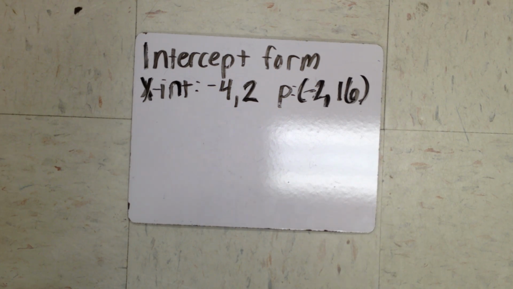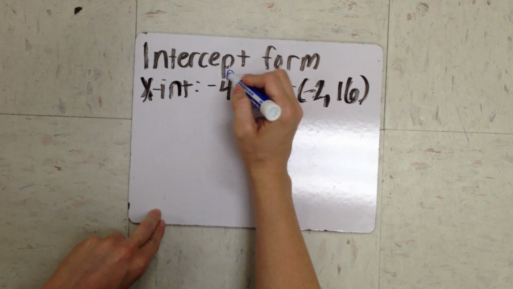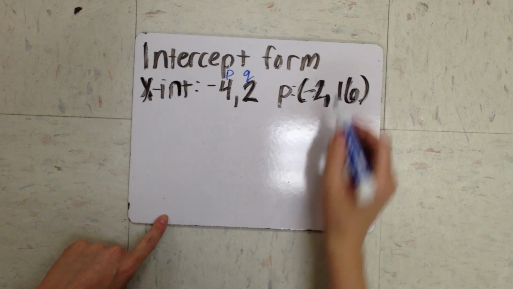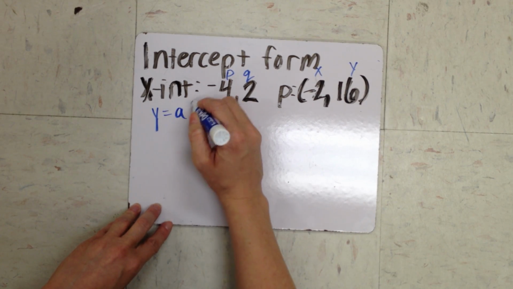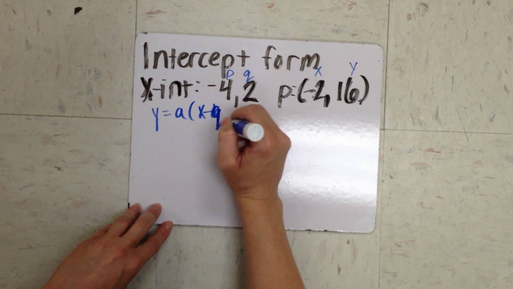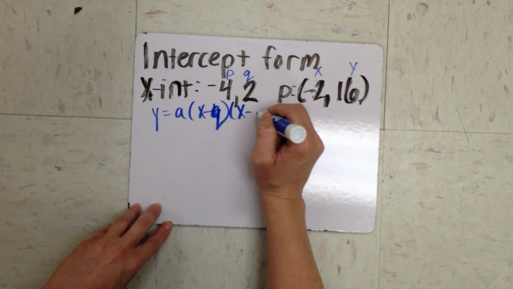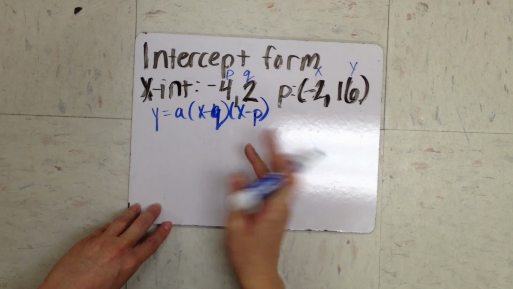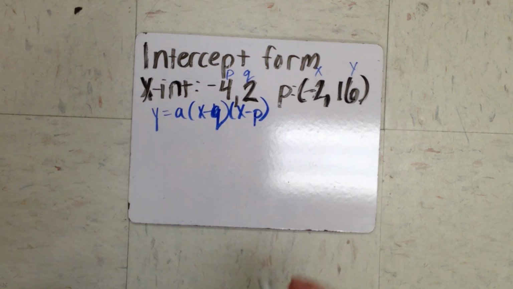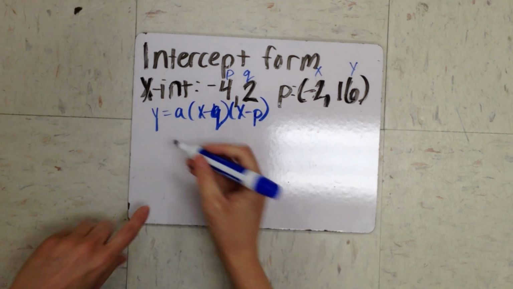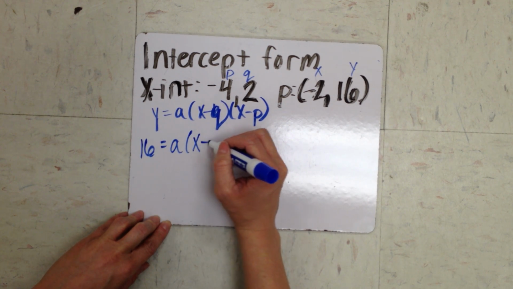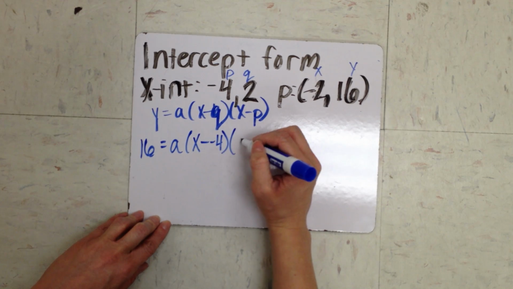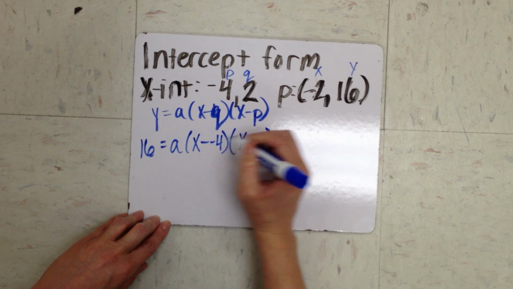All right, welcome back. We have our x-intercepts labeled P and Q, our point x and y. That equation once again is y equals a times x minus q, open parentheses, x minus p. Now once again, you can reverse them. It doesn't matter. That's the beautiful thing about this. All right, so we get 16 equals a times x minus negative 4, open parentheses, x minus 2.